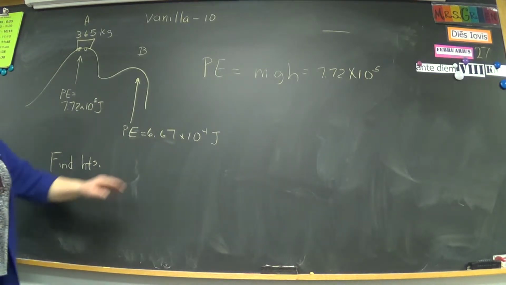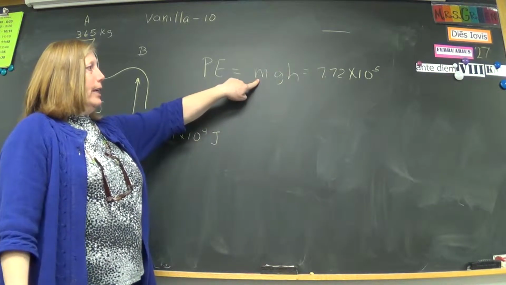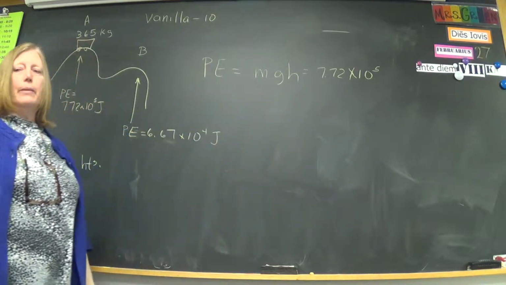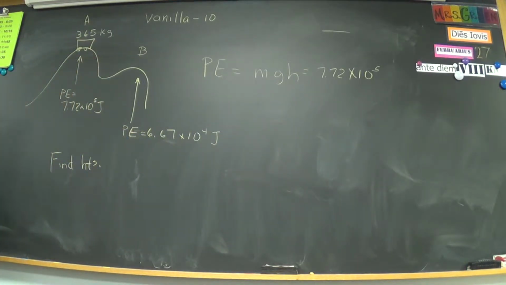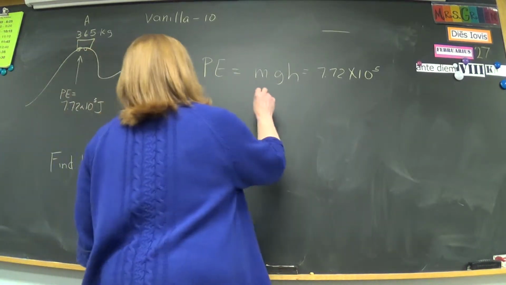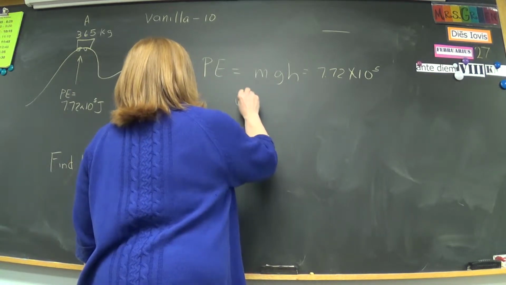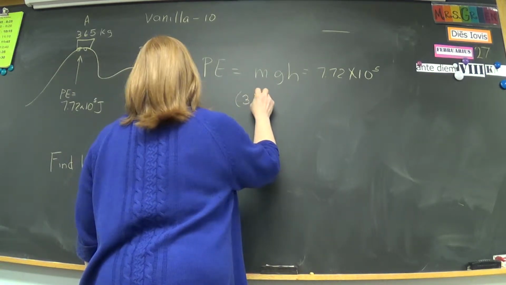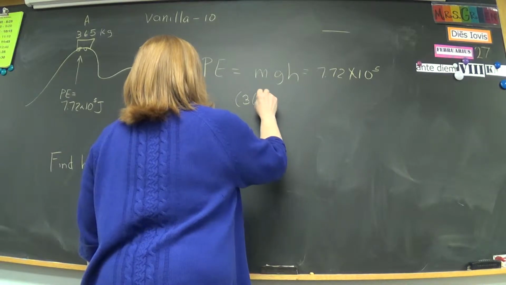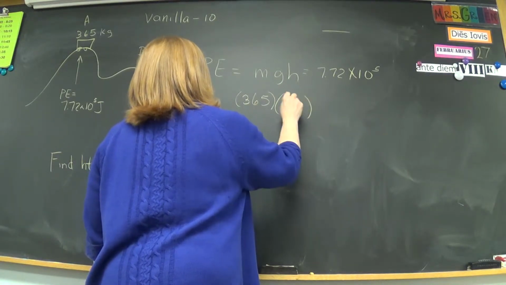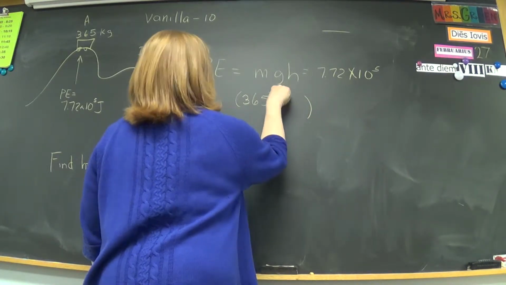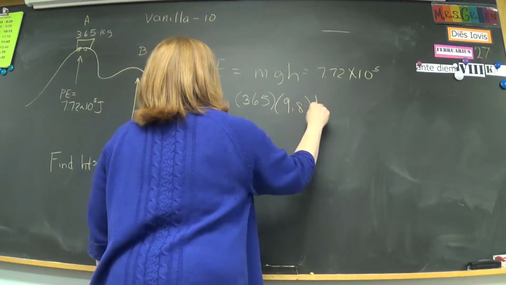What do we know here, m, g, or h, in the problem? We know m and g. What's m? M is 365 kilograms. And g is 9.8. And h is what we're looking for.